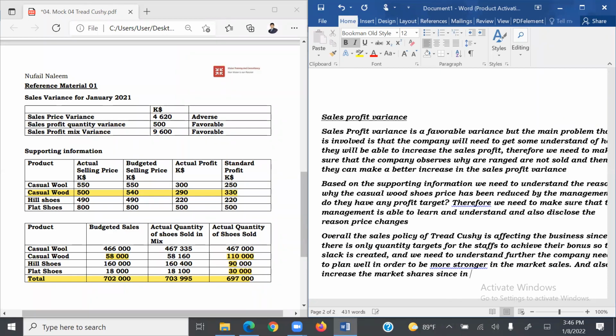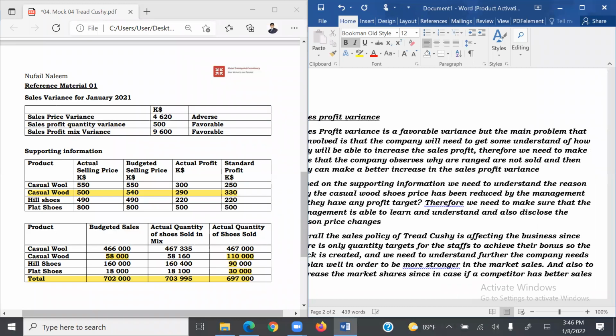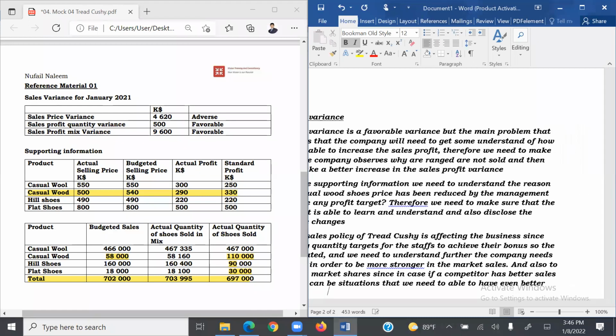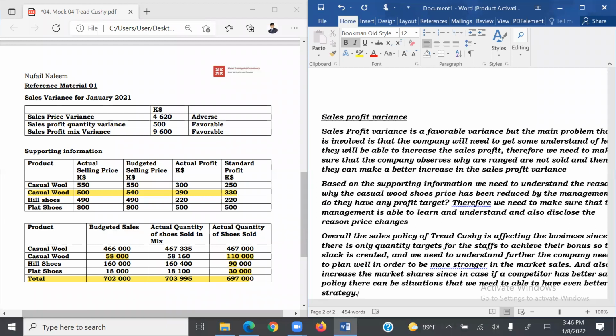Since in case a competitor has a better sales policy, there can be situations where we need to be able to have an even better strategy. So students, yes, you will generally get writing questions only.